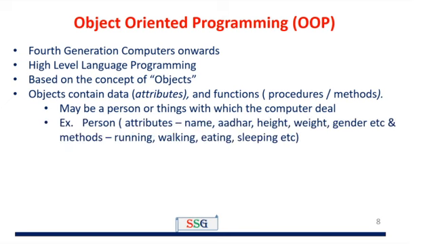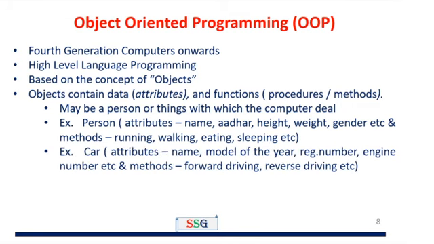For example, I will take a real-time example object. Person, that is a human being, is one object. The attributes of a human are name, Aadhaar number, height, weight, gender, voter ID, and address of the person. Some of the methods of a person are running, walking, eating, sleeping.